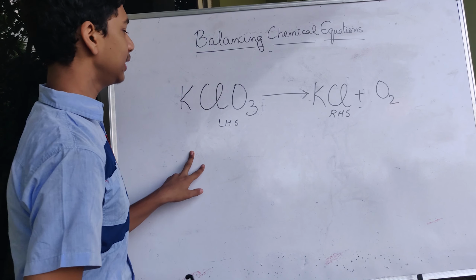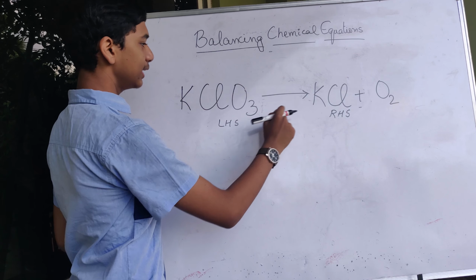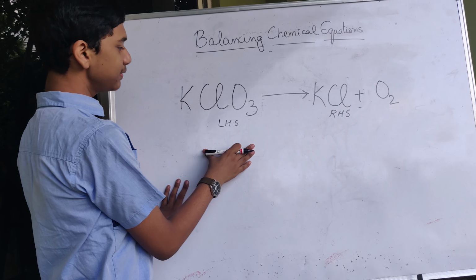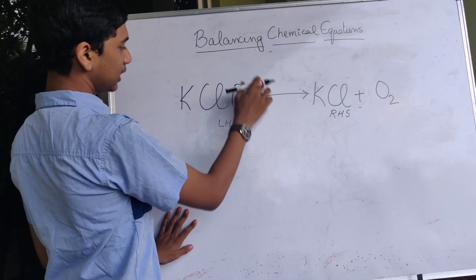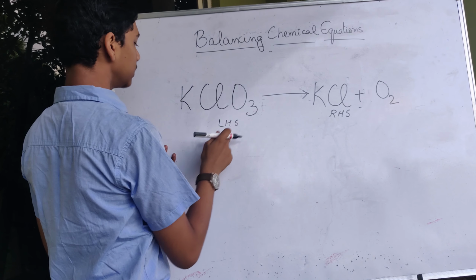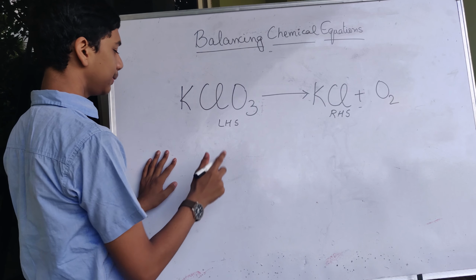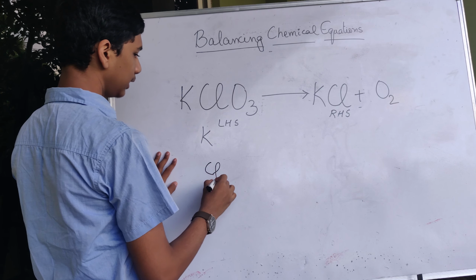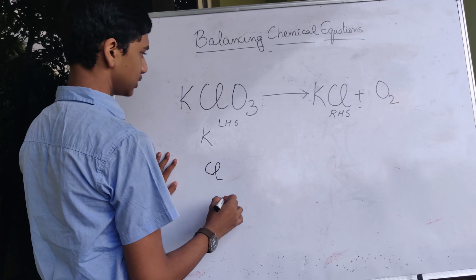So, let us take another equation. KClO3 gives rise to KCl plus O2. As we have done previously, let us denote the left hand side with LHS and the right hand side with RHS. On the left hand side, let us write down all the elements: potassium, chlorine and oxygen.